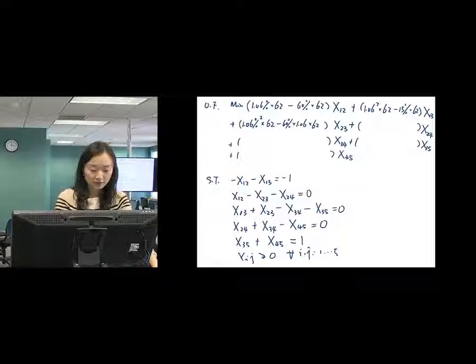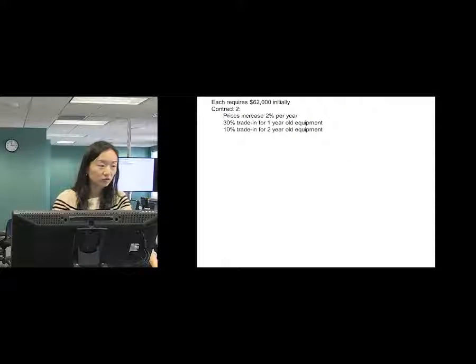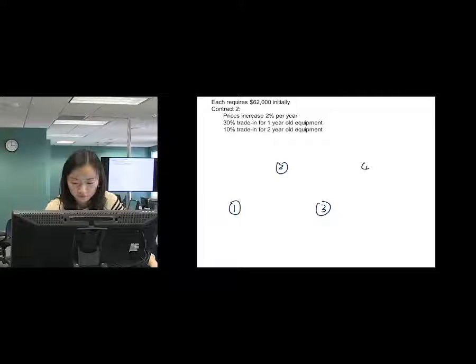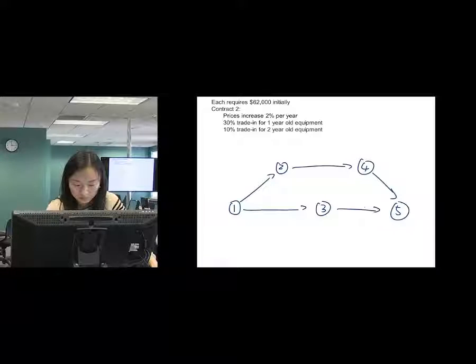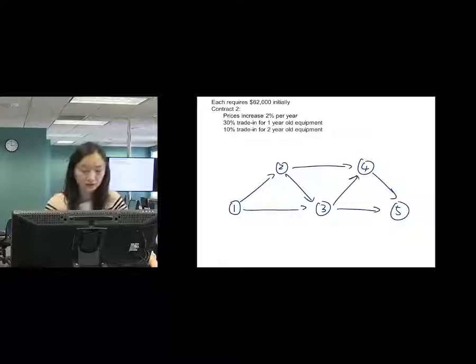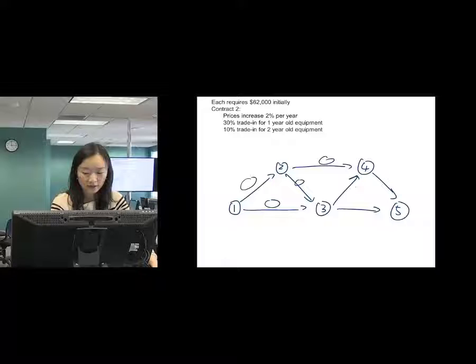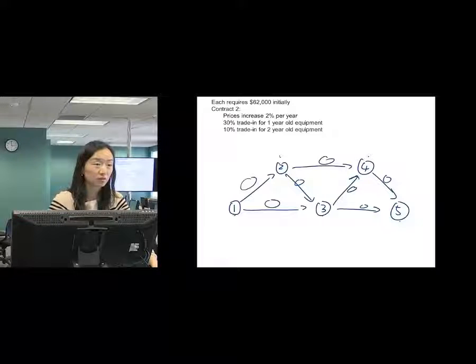And what we're going to do for contract 2 is the same thing. So we create this network, 1, 2, 3, 4, 5, as for contract 1. The difference would be the cost, the credit that happens on those arcs and the cost that happens on each of those nodes.